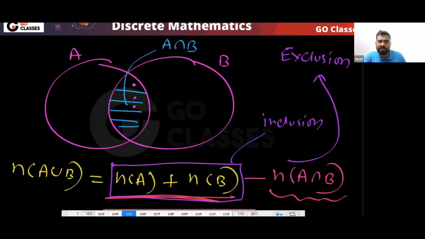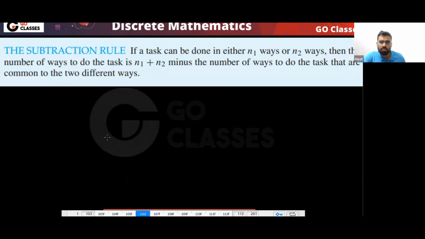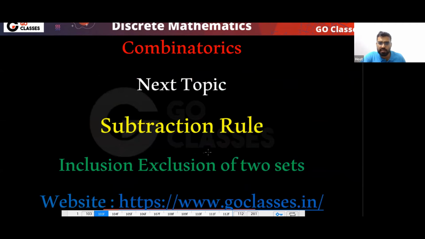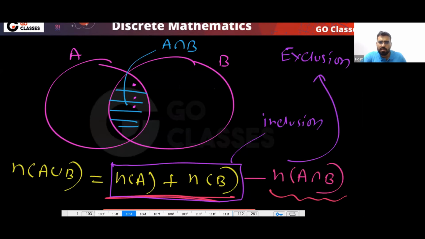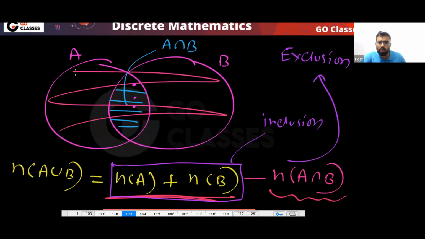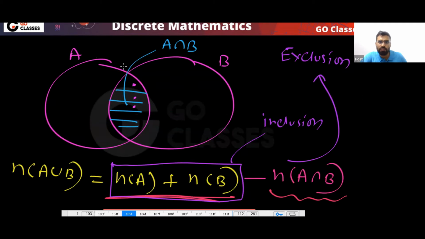So this is called the subtraction rule, or you can call it inclusion-exclusion of 2 sets. It means you have 2 sets A and B, and the total number of elements will be the number of elements in A plus the number of elements in B. But the common elements I have counted 2 times, so I will remove them 1 time.